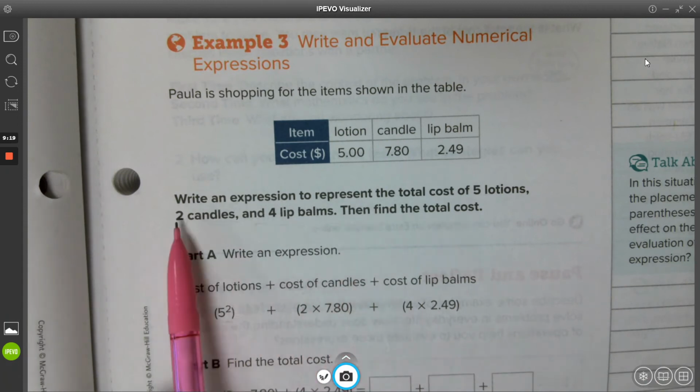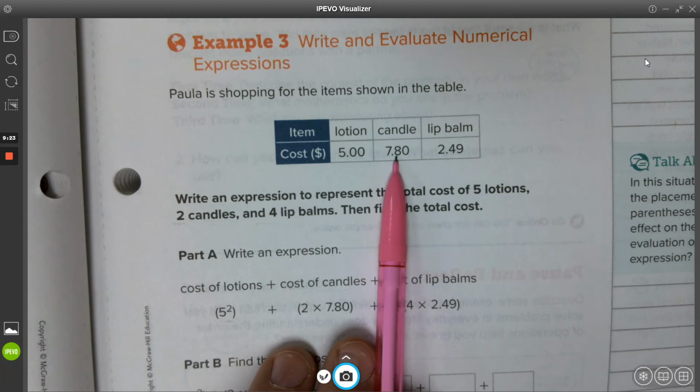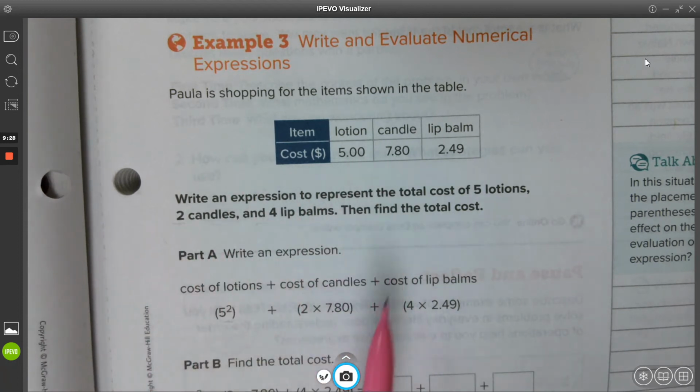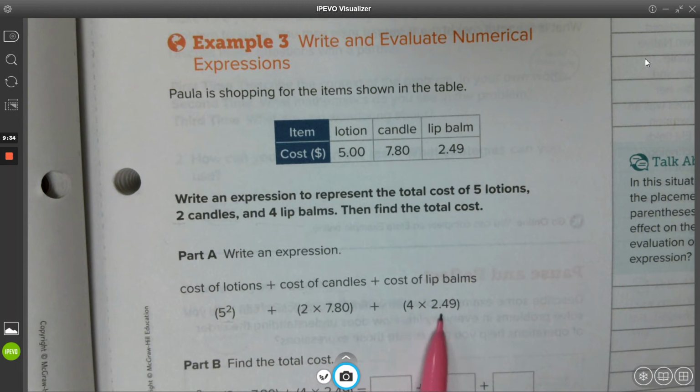How many are we purchasing? 2. What is their cost? $7.80. And remember, whenever we're finding cost, we multiply them together. Then finally, we take the lip balm cost and how many we're buying. So 4 times $2.49. And then we add each of these together.